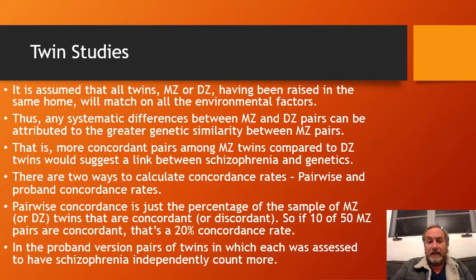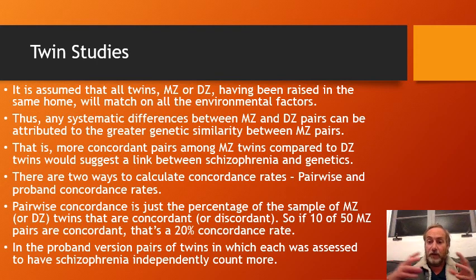So the idea is that if you're twins, there's going to be no difference in environmental factors, right? You will have been raised in the same home together. So it's about as close as you could get as far as environment. And so if there are systematic differences between identical twins, the MZ twins, and the fraternal twins, the DZ twins, the only reason for those differences would be that the monozygotic twins have greater genetic similarity, right?